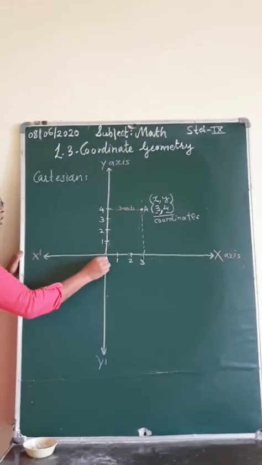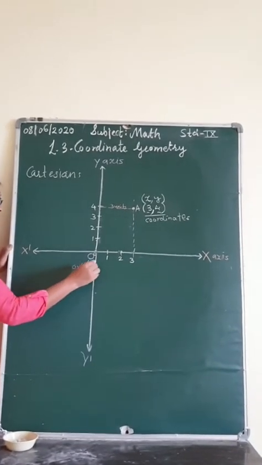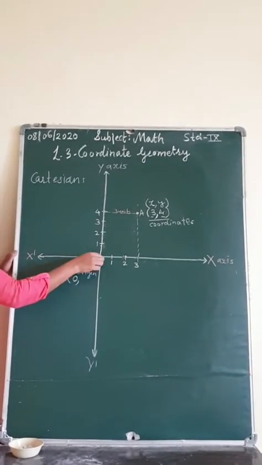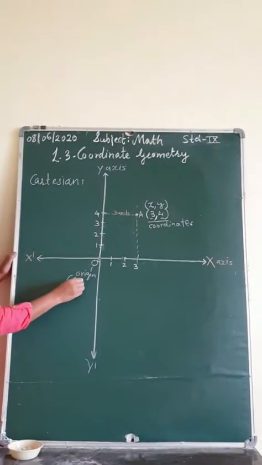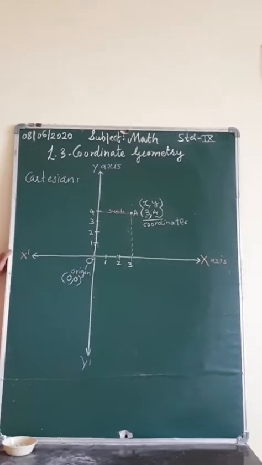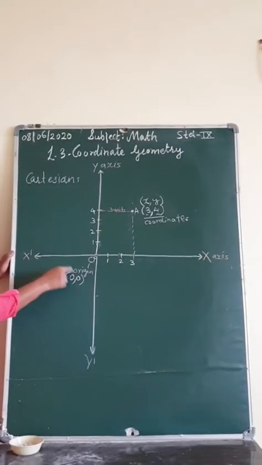As it starts from 0 here and 0 here, the origin is at 0 distance from the x-axis and 0 distance from the y-axis. So the coordinates of the origin are always 0, 0.